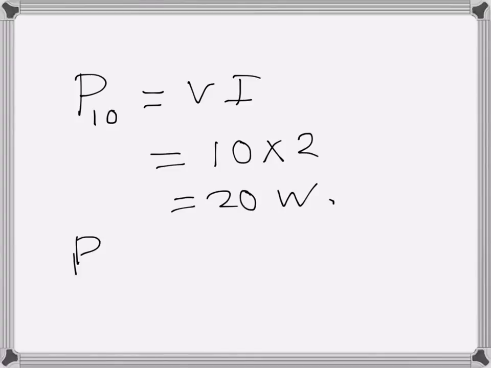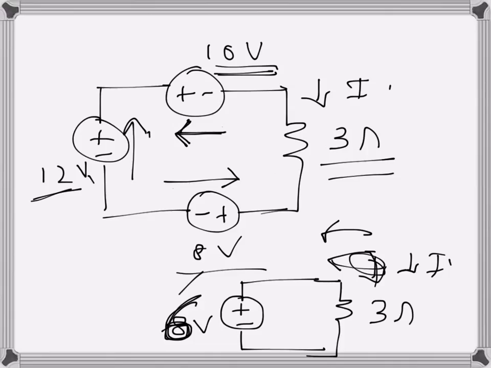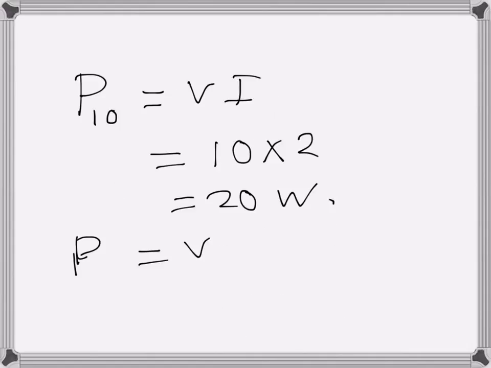Power supplied by the 8 volt voltage source, this one is VI, so 8 times 2, that's 16 watt. And finally, power supplied by the 12 volt voltage source will be VI.